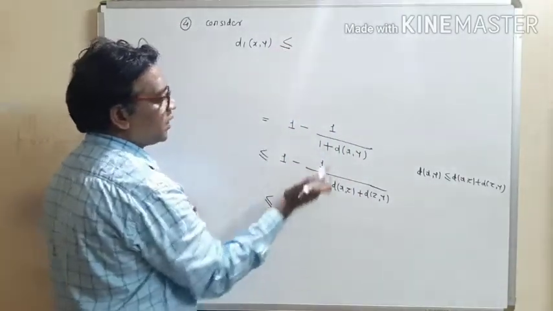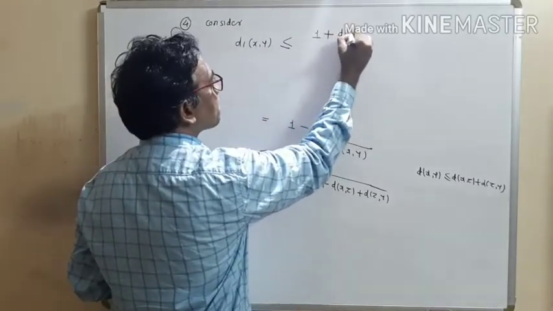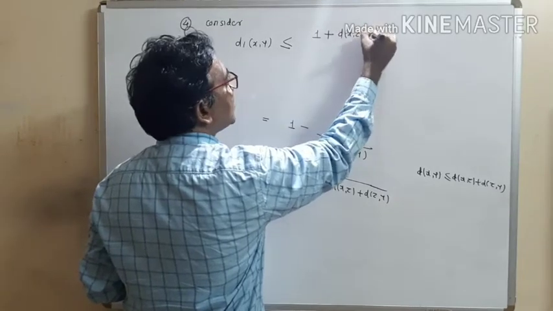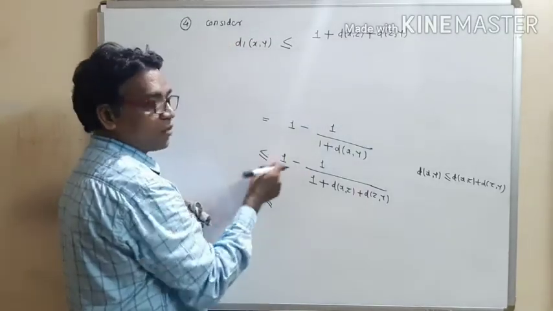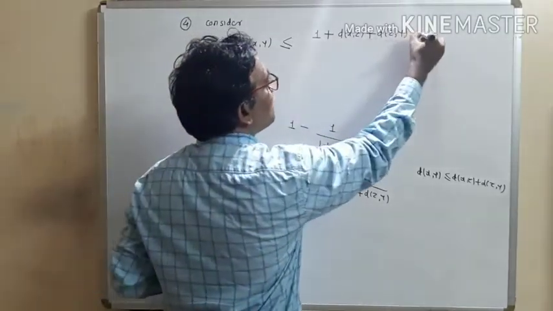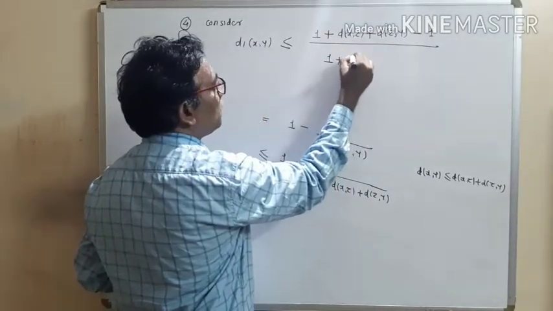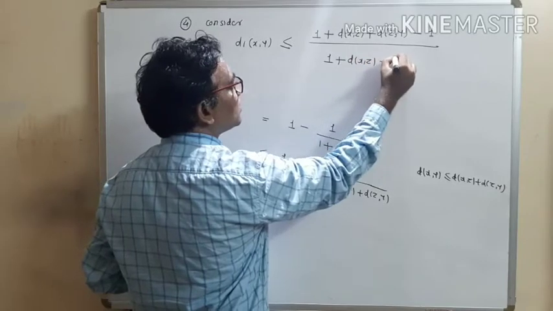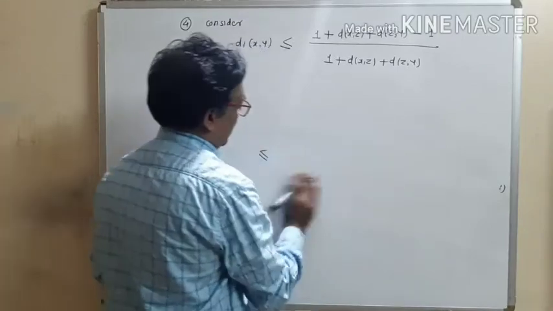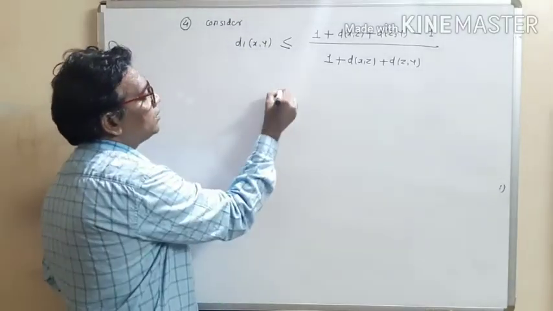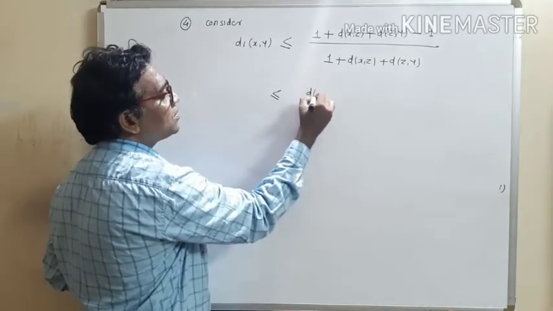Now just cross multiply. This is 1 plus d(x,z) plus d(z,y), just cross multiplication. This is minus 1 divided by the denominator 1 plus d(x,z) plus d(z,y). This is less than or equal to. Now plus 1 minus 1 get cancelled. So what is the remaining term?